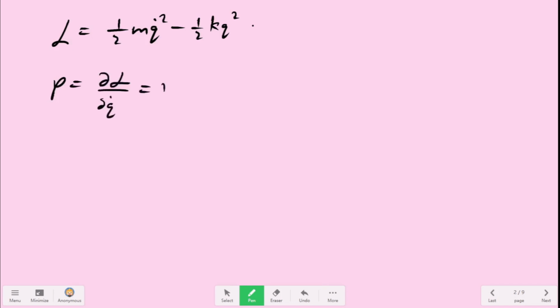This is equal to m q dot. From here we will solve for q dot. q dot is equal to p by m. Now we see that q dot is written as a function of q, p and t.